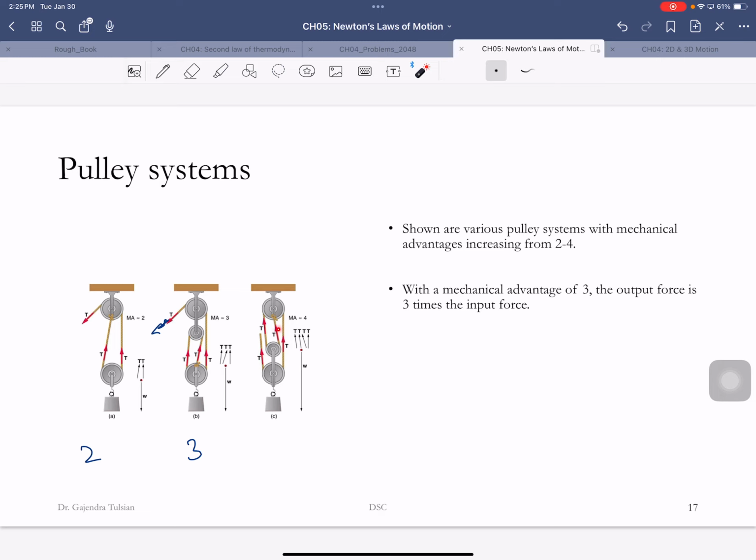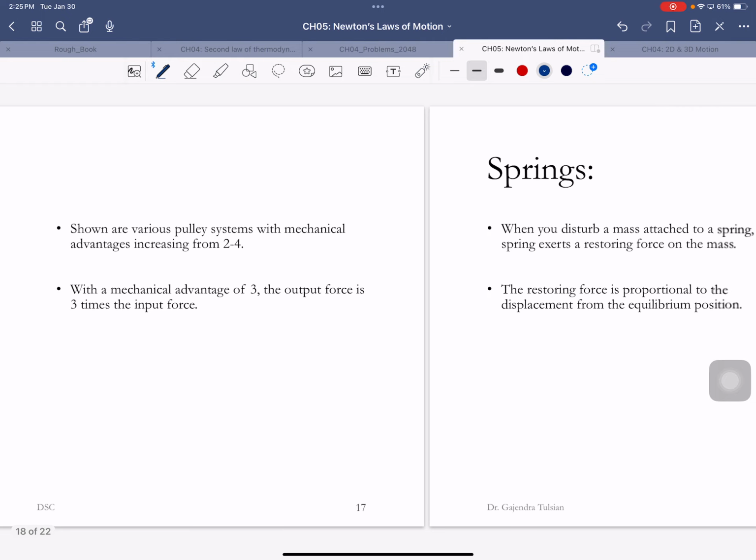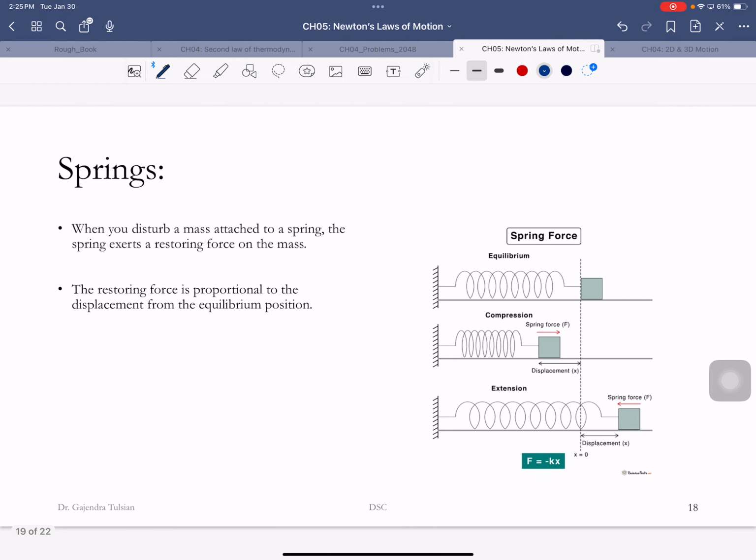This setup has a mechanical advantage of 4. To lift a 100-pound object, you need a 25-pound force. All right, this is very important. We'll use this a lot.